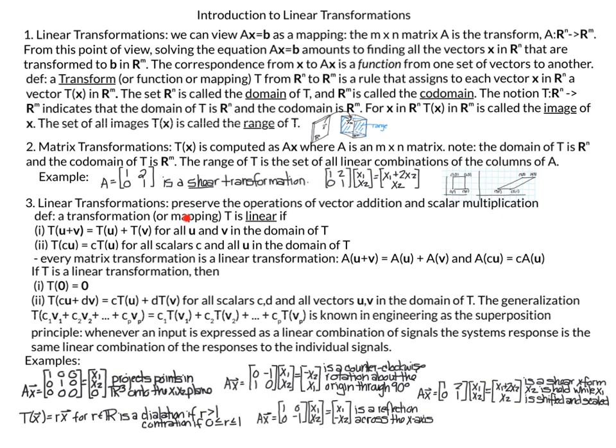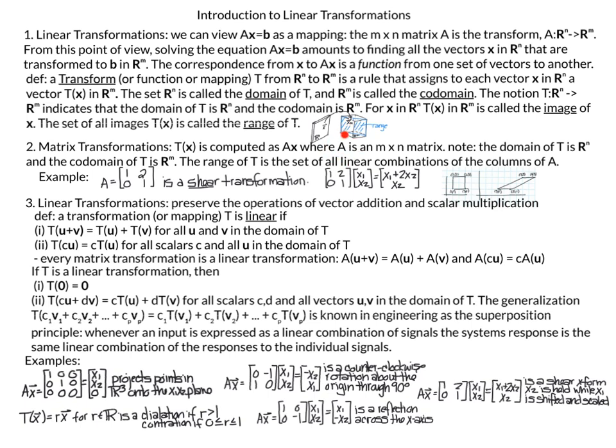A transformation or mapping T is linear if, one, T of u plus v is equal to the sum of T of u plus T of v for all vectors u and v in the domain of T. Two, T of c times u, where c is a scalar, we can pull the scalar out, so it's equal to c times T of u for all scalars c and all u in the domain of T. Every matrix transformation is a linear transformation, as I had mentioned.